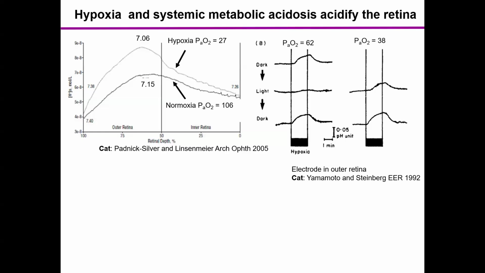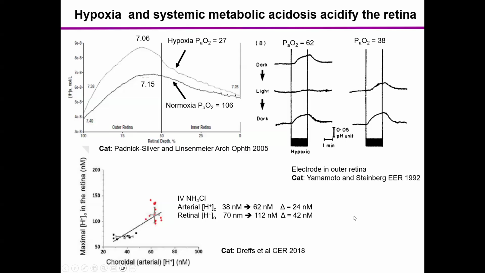And then you go back to the dark and the hypoxia response is restored. And they're a little bit bigger if the hypoxia is lower. And you begin to see an effect of light.